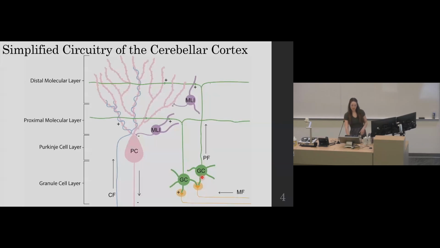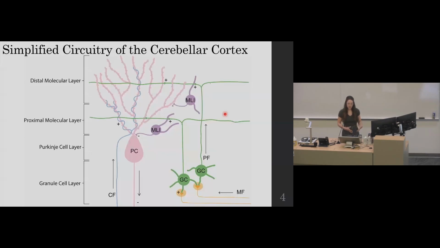Granule cells then project parallel fibers up into the molecular layer where they bifurcate and travel perpendicular to the Purkinje cell dendritic arbor. Inputs from multiple parallel fibers are needed for a Purkinje cell to reach action potential. And these parallel fibers also create excitatory synapses with molecular layer interneurons.